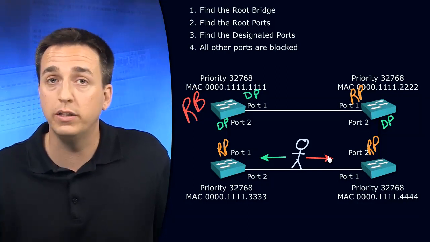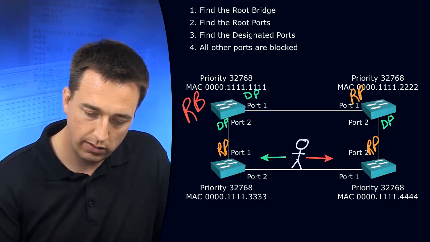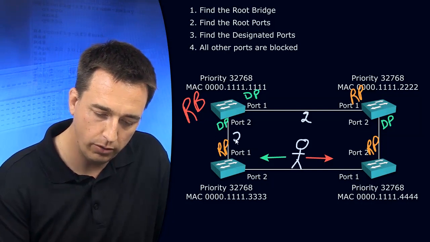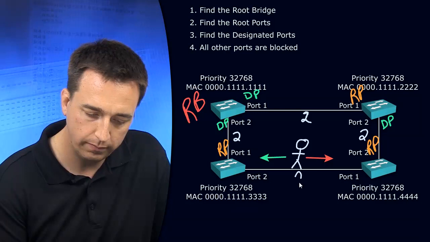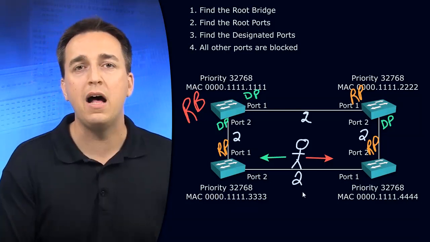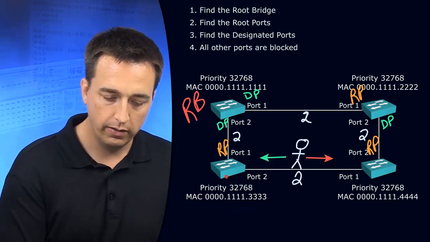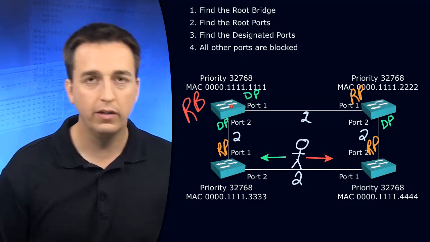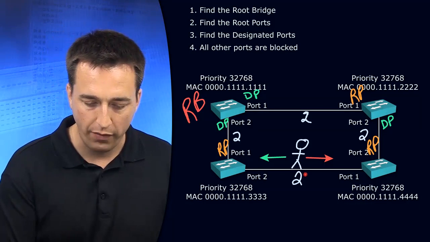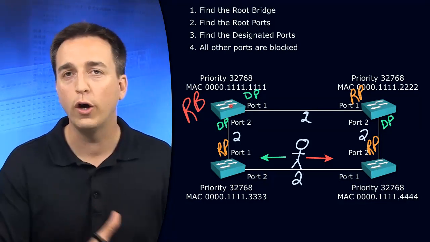And cost is cumulative. So if we add back in our costs that we had for the topology, 2, 2, 2, and 2, if I take the green path, I have 2 to get from here to here, and 2 to go from here to here. That's 4 in total. If I take the red path, I have 2 plus 2 plus 2 is 6. 4 versus 6.